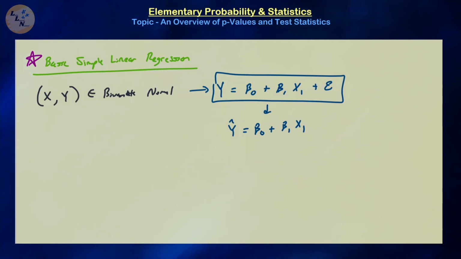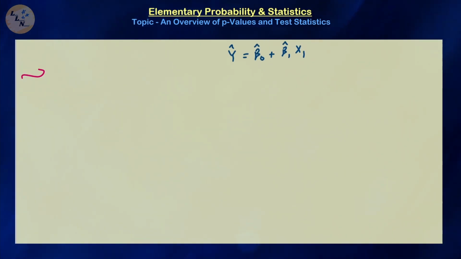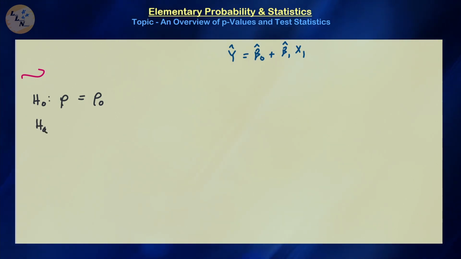And of course, if we want to estimate beta 0 and beta 1, we will use beta hat 0 and beta hat 1. So the very first thing that we usually look at when it comes to the linear correlation between two values is the correlation coefficient. So let's look at that hypothesis test first. So somebody claims that the correlation for two variables is going to be equal to rho 0, and let's assume we're going to work with a two-sided alternative.